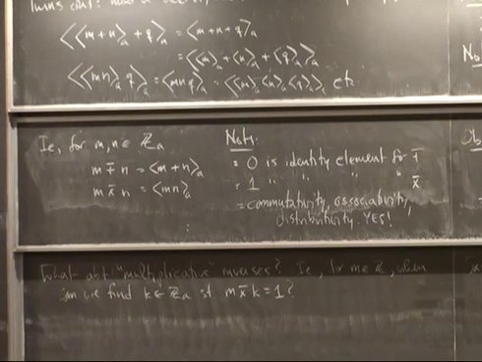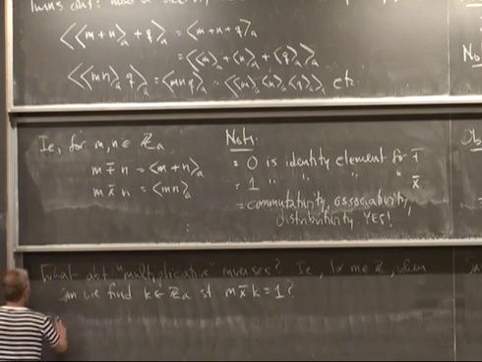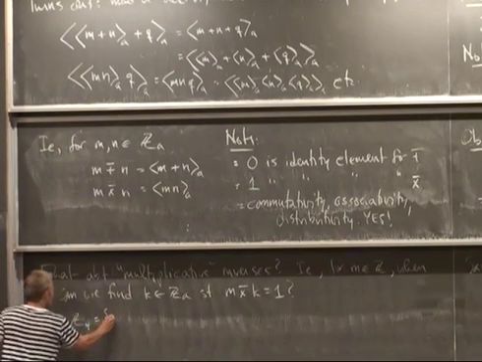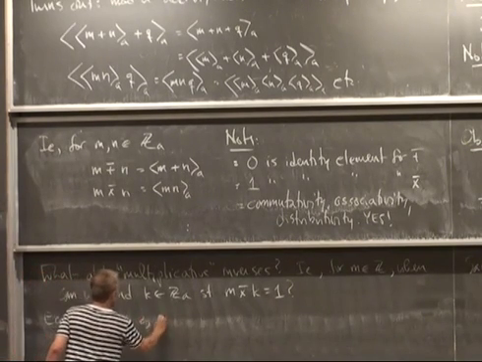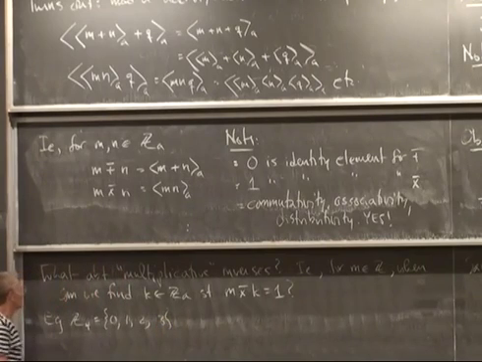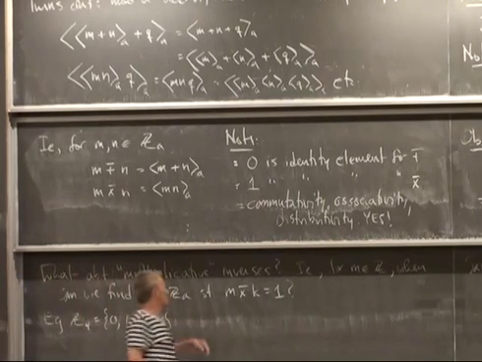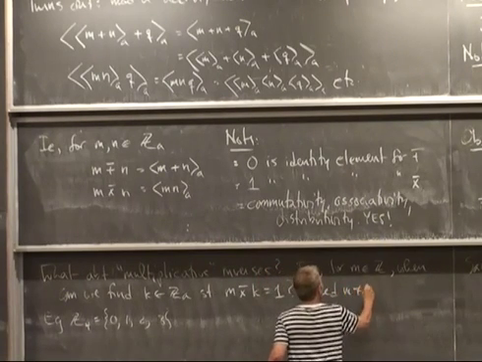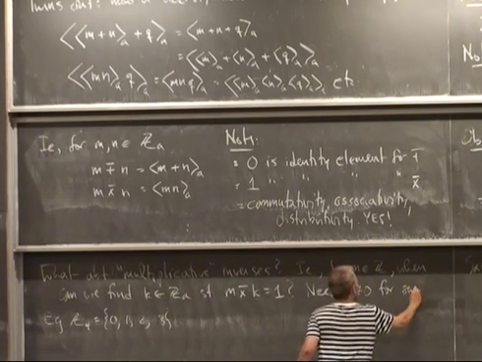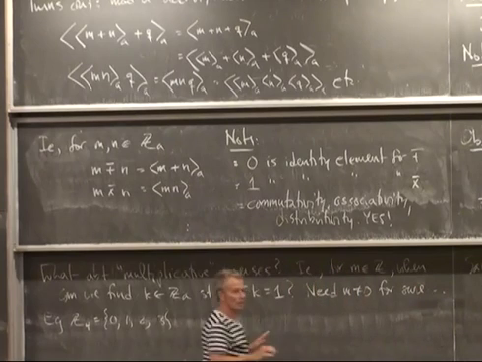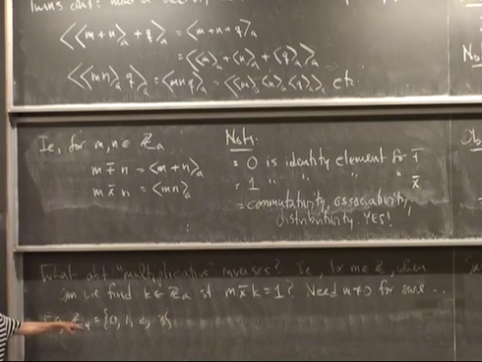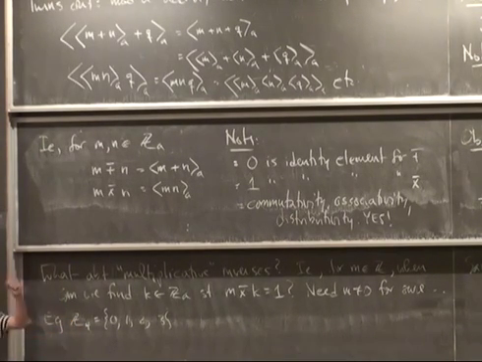Let's think of an example. Let's look at Z4. That's 0, 1, 2, 3. First off, we need M not equal to 0, so we're only going to be looking at non-zero things here. Does 1 have a multiplicative inverse? Yes. And what is it? It's 1.